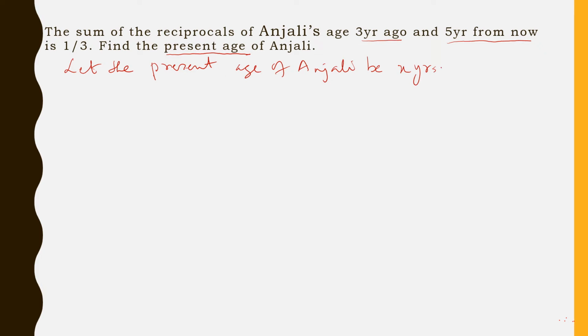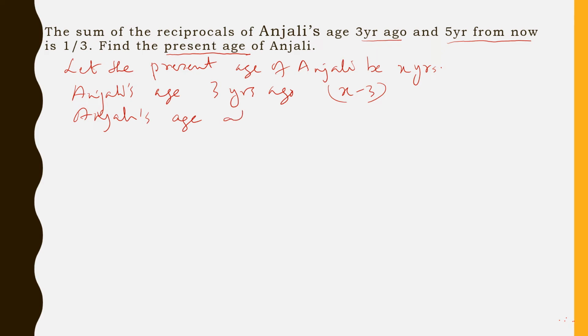Now what will be Anjali's age 3 years ago? Anjali's age 3 years ago will be x minus 3. And 5 years from now, that means after 5 years, Anjali's age after 5 years is x plus 5.